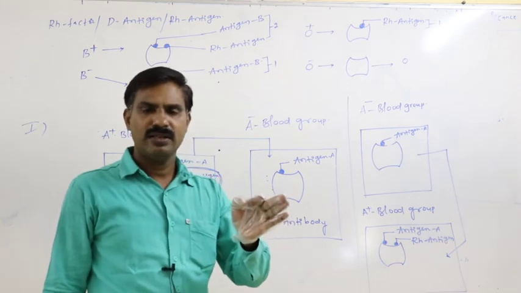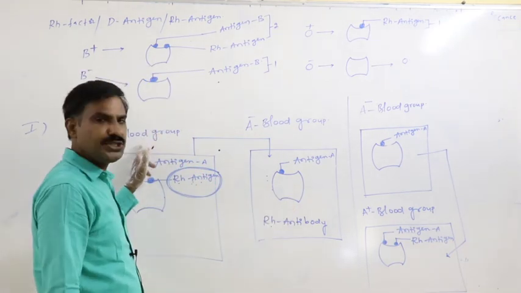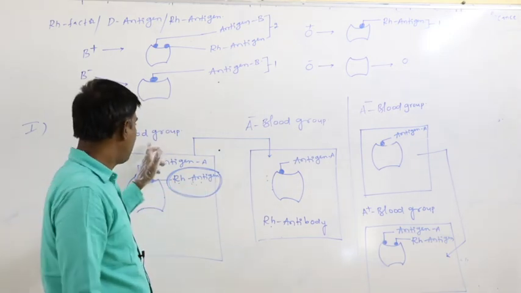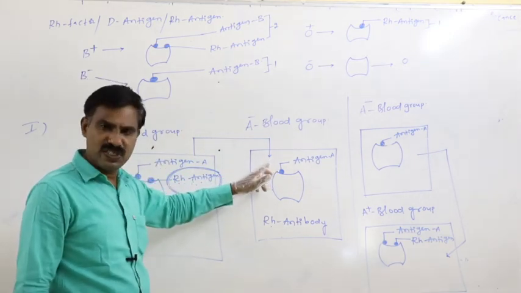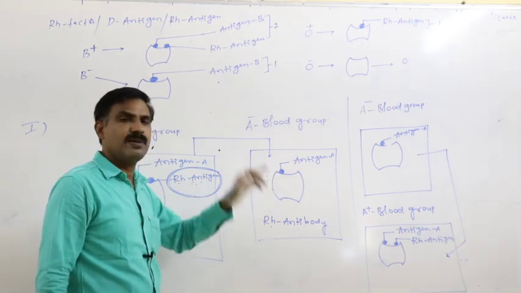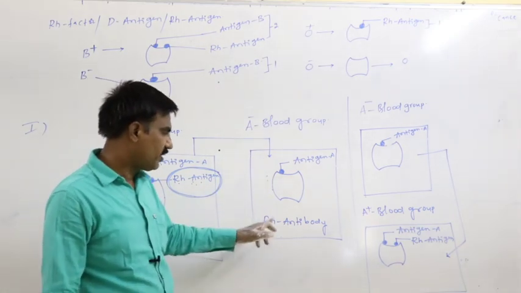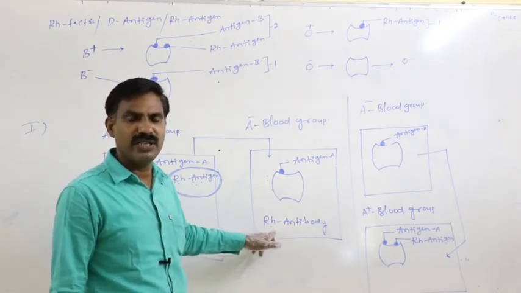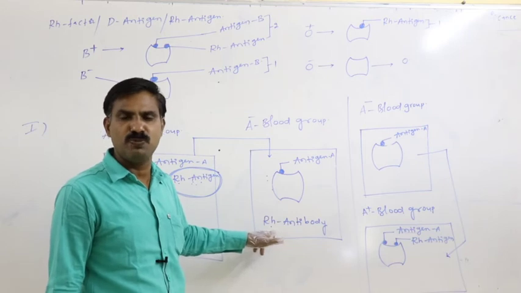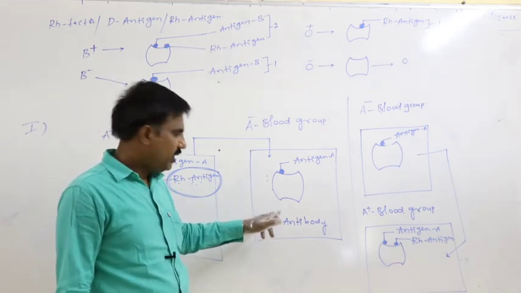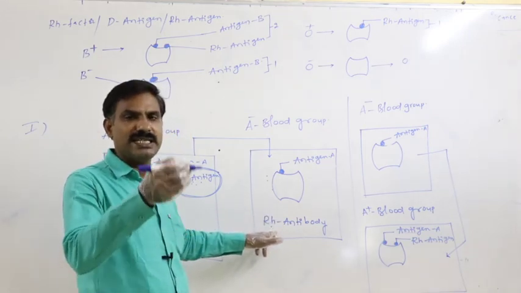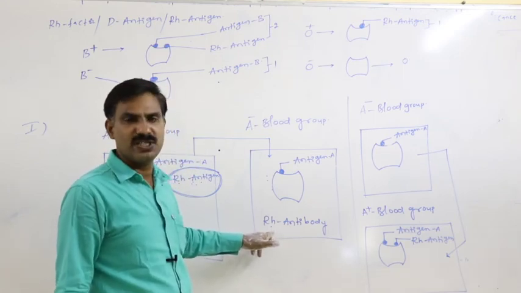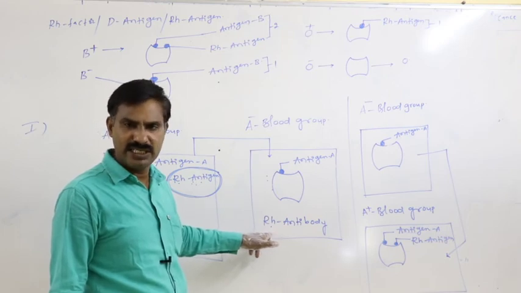In that way, whenever positive blood reaches the negative person's body, inside the negative person's body Rh antibodies get produced. This means whenever the negative person's blood is exposed to the positive person's blood, then only in the negative person's body are Rh antibodies produced against the Rh antigen.